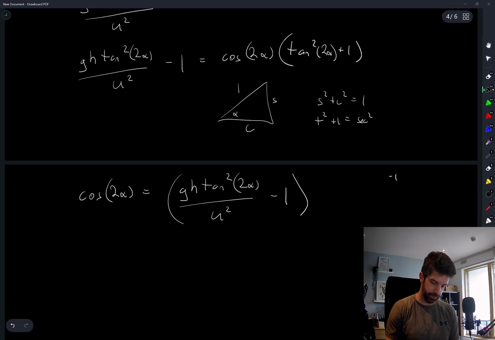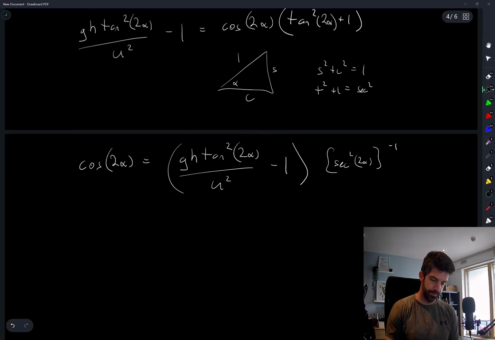So this is secant squared 2 alpha to the negative 1. And so that's just cosine squared 2 alpha.